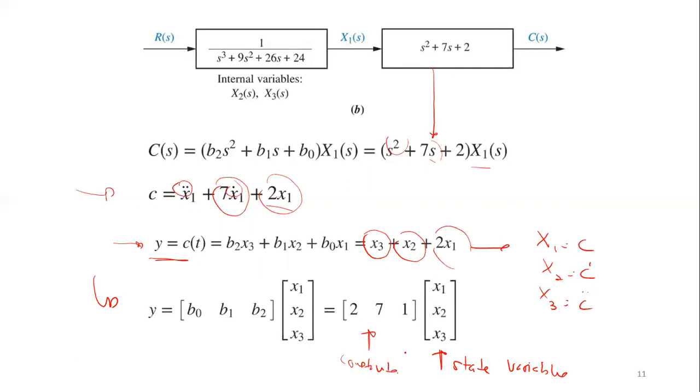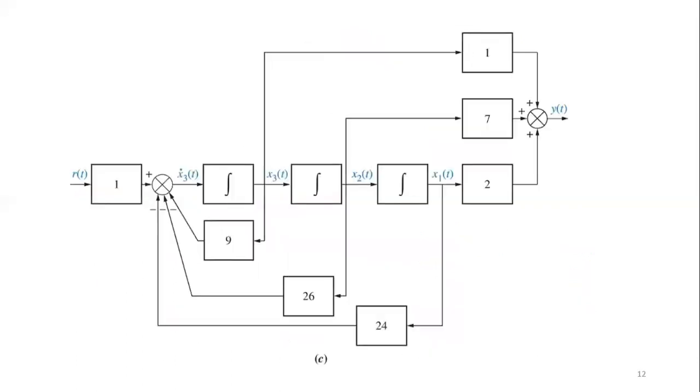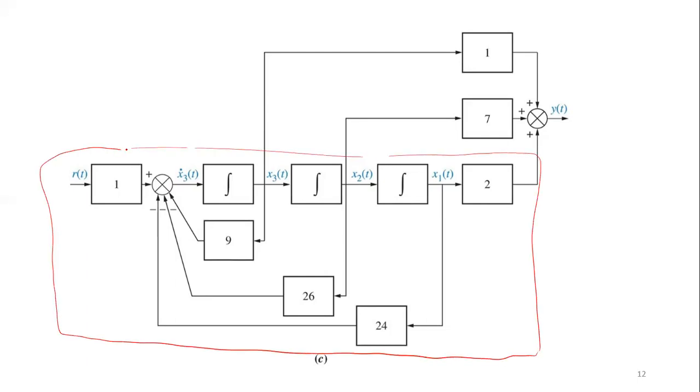Similarly, next, what happens to the block diagram, the first variable form? From the numerator and the denominator, what happens when we have a polynomial at the numerator? It will become like this.